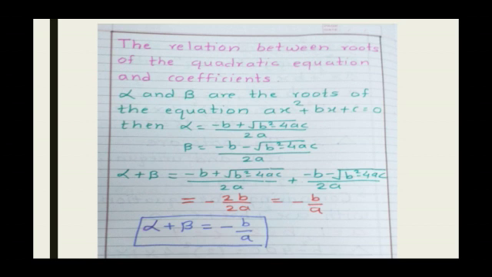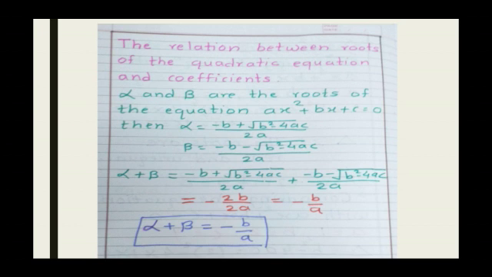When we find the sum of these roots, alpha plus beta is equal to, put the values of alpha and beta, minus b plus under root b square minus 4ac upon 2a plus minus b minus under root b square minus 4ac upon 2a.